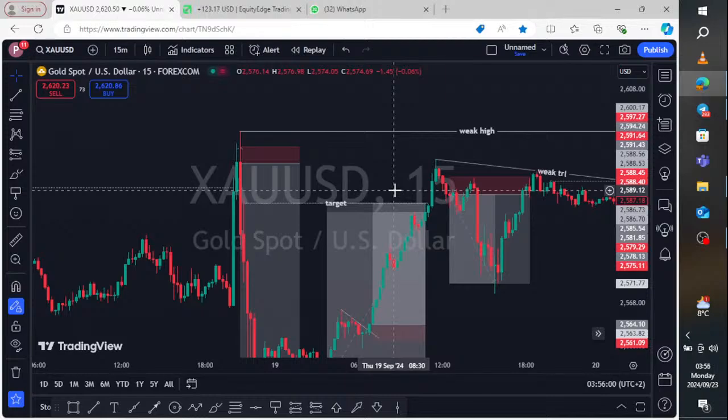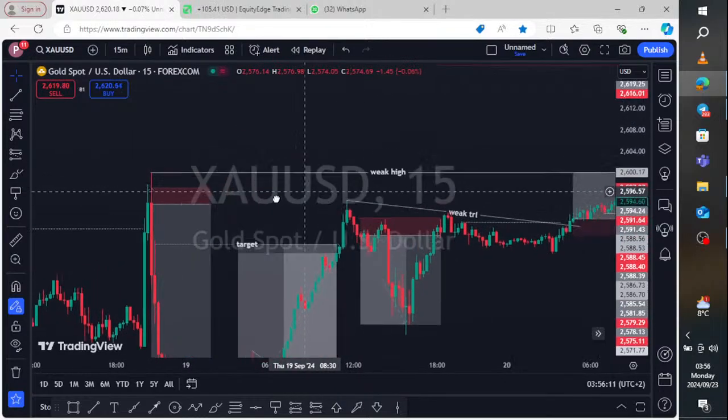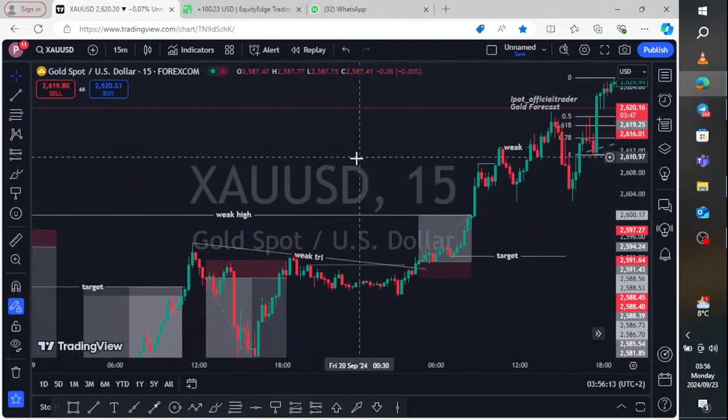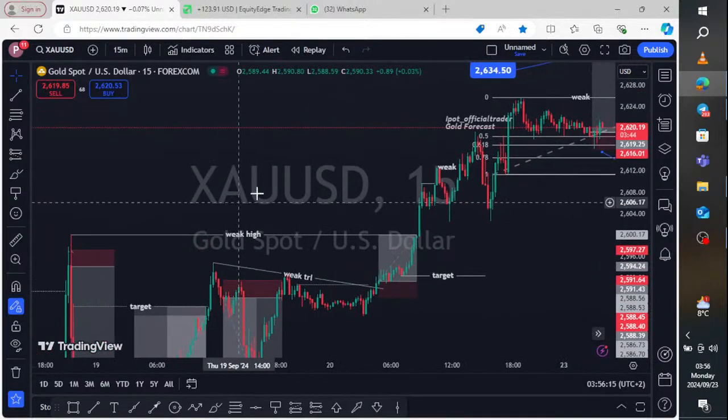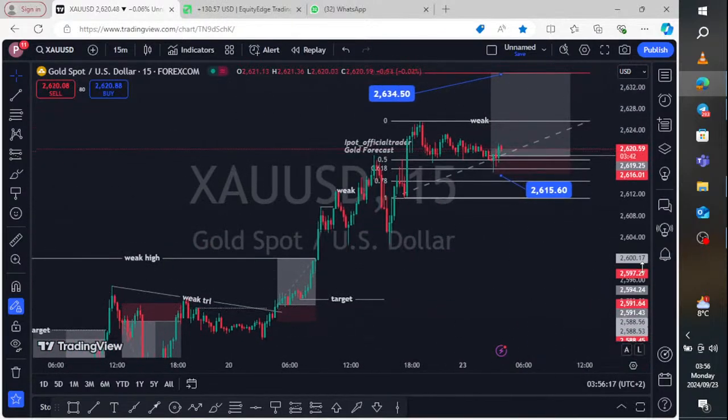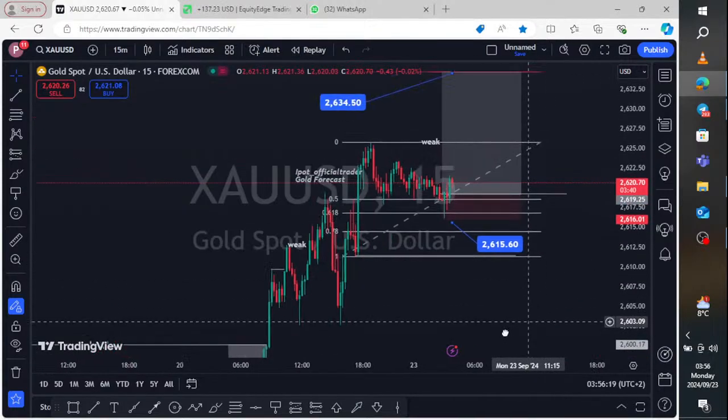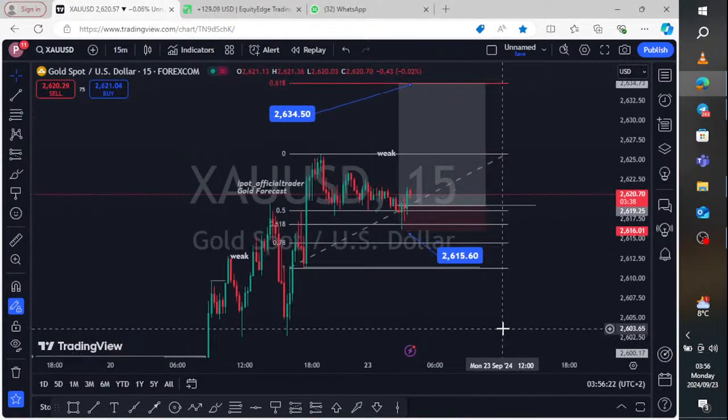I'm talking about certain characteristics that tell you this high is a rejection high or a weak high. There are certain things I look at that identify which one is a weak high. If you understand those parts, it's going to be easier for you to trade gold, understanding whether the high is going to be broken, whether price will come back and break above it or not.